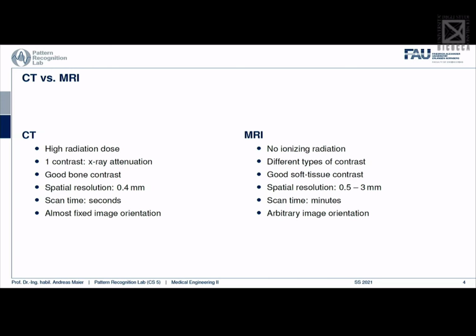It also provides a lot of soft tissue contrast. We said before that all soft tissues, which are organs, muscles, and whatever, in CT look kind of the same. Instead, in MRI, you have different parts of muscles looking completely different.